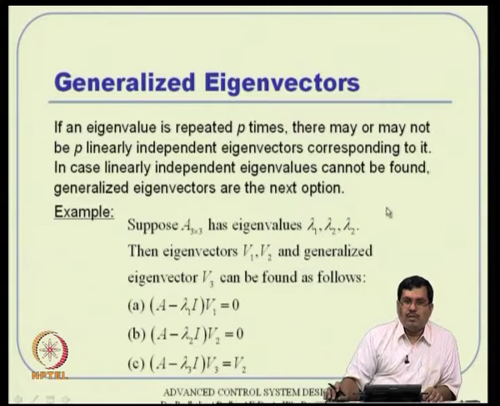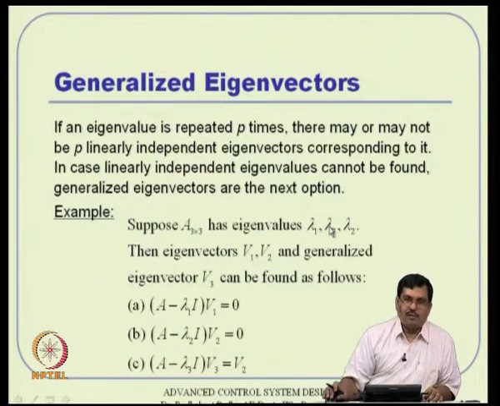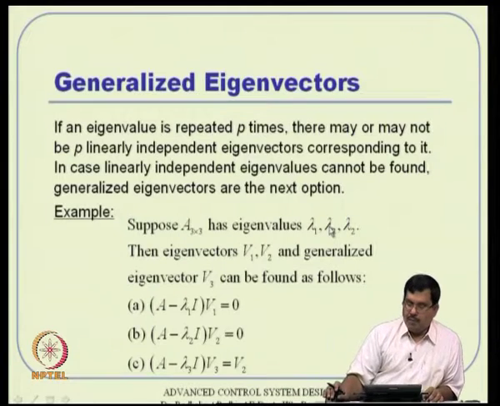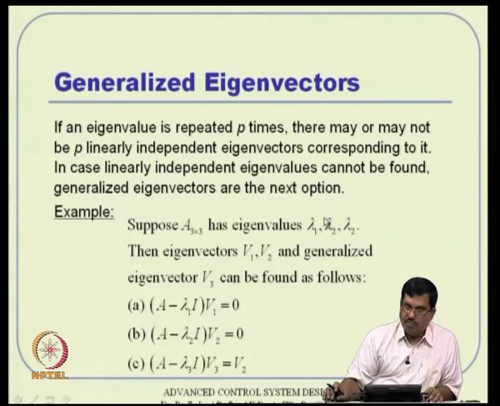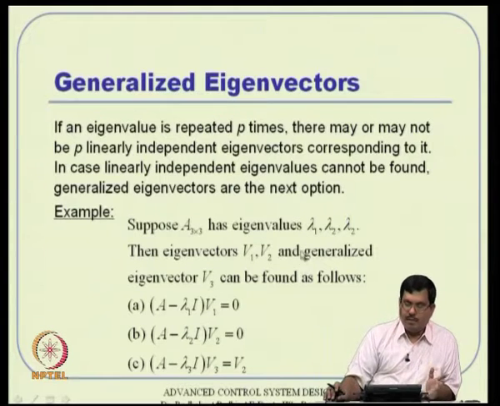Now, if you come back to that, you ask the question: what if some of the eigenvalues are repeated? Do we still guarantee that? It turns out that if some of the eigenvalues are repeated, then you may or may not get independent eigenvectors. If you get independent eigenvectors, that is well and good, and if you do not, then you would like to have some vector which is rather close to eigenvectors.